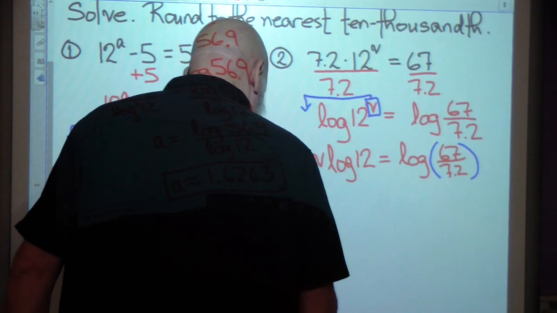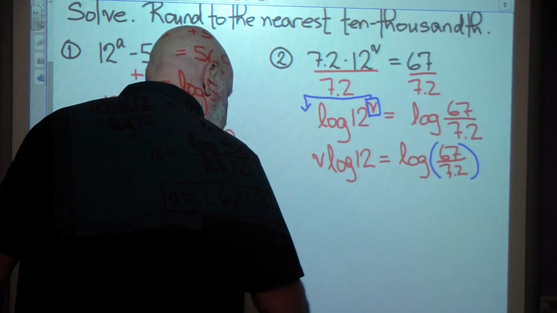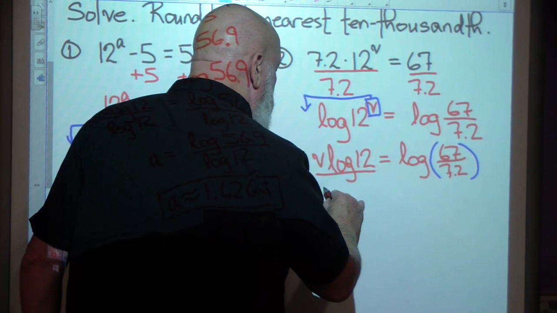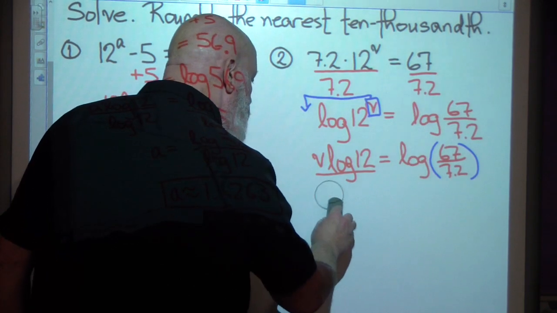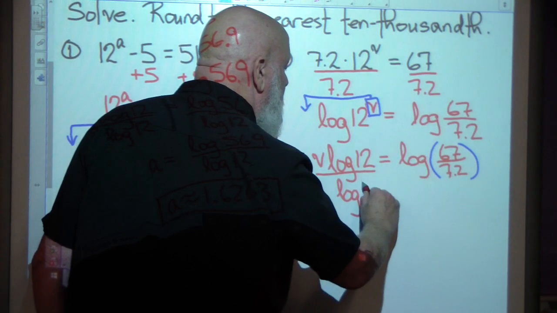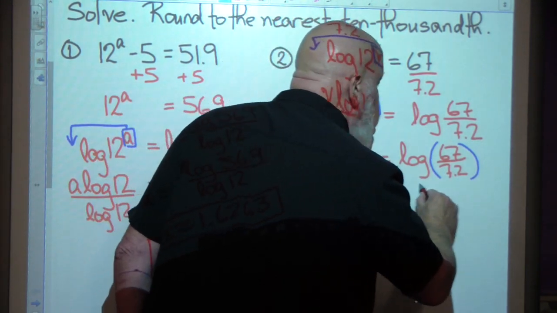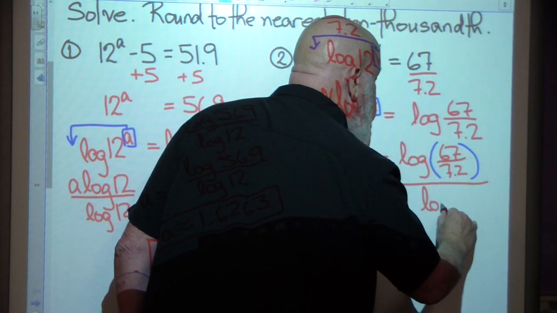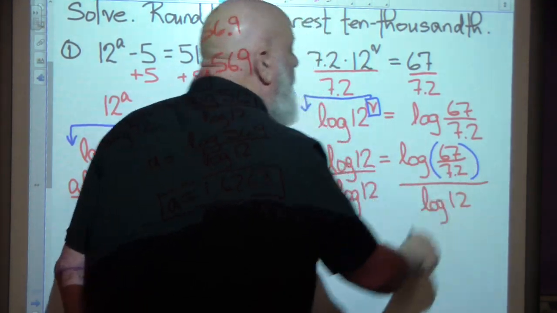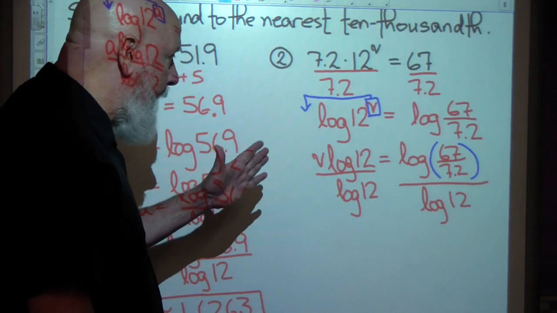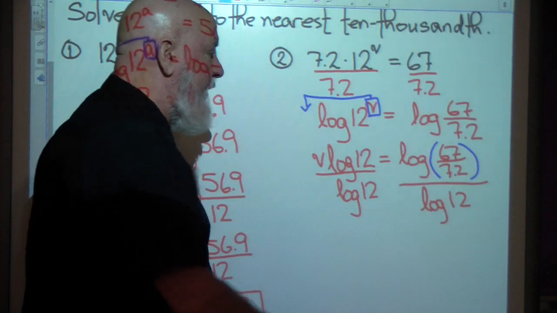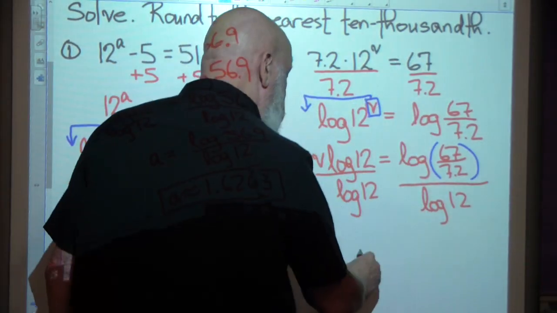And now I'm going to divide both sides by log 12. Dividing both sides by log 12. And there's my answer. Right here, that's the exact answer that I could raise this to that would make it exactly 67, but we want to round it to the nearest 10,000.